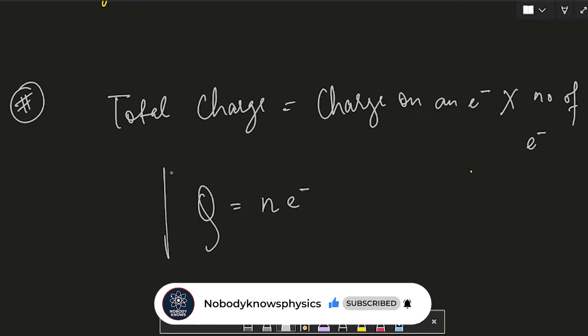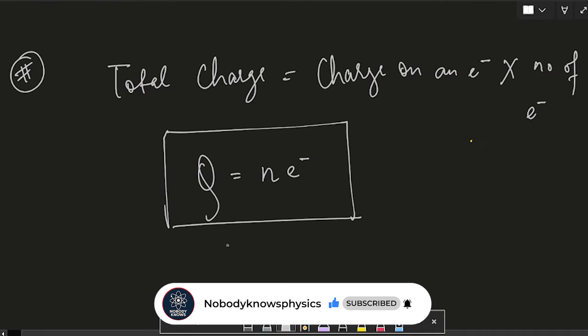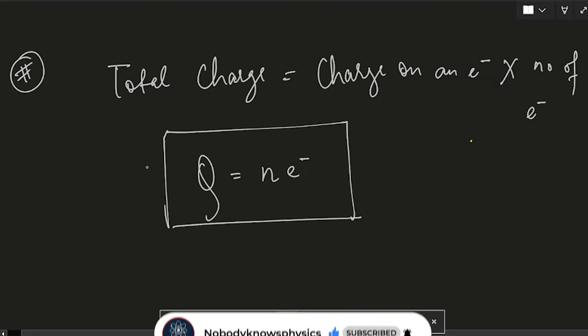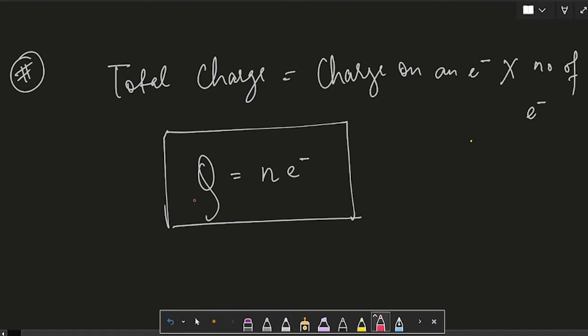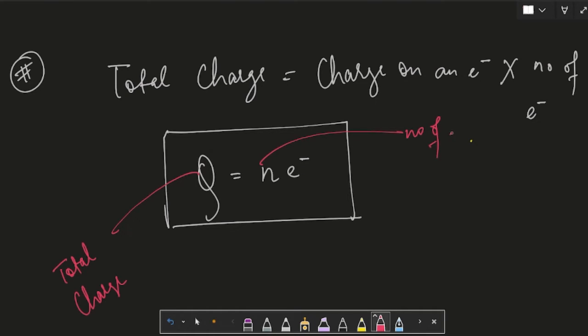This is a famous formula, the first formula of this chapter, which you've got to remember. Q is equal to N times E, where Q is the total charge. N here is the number of electrons, because the electron is the fundamental charge.